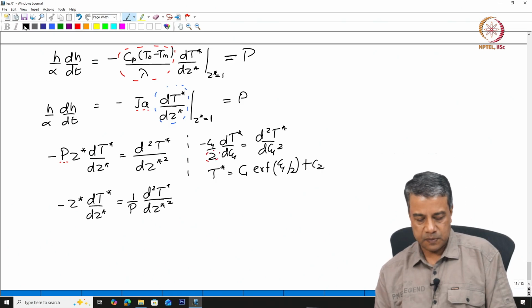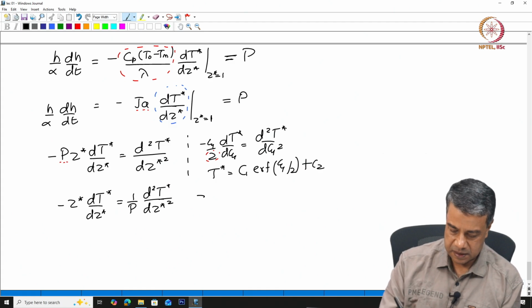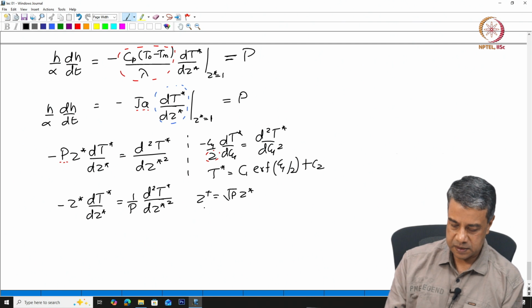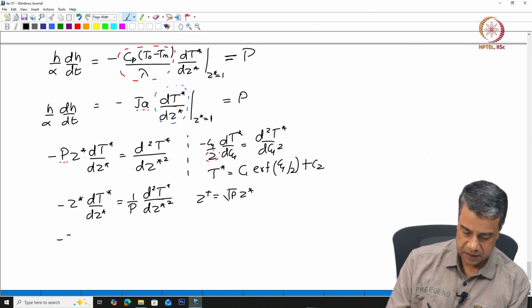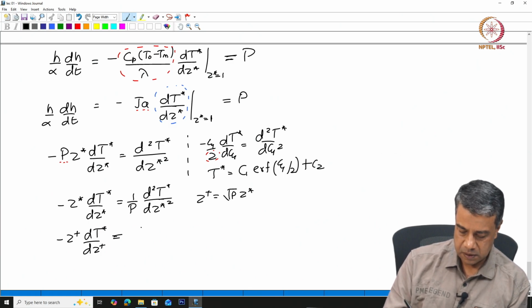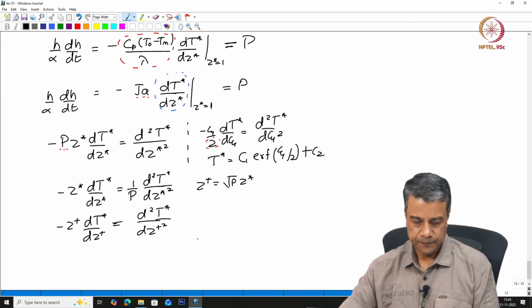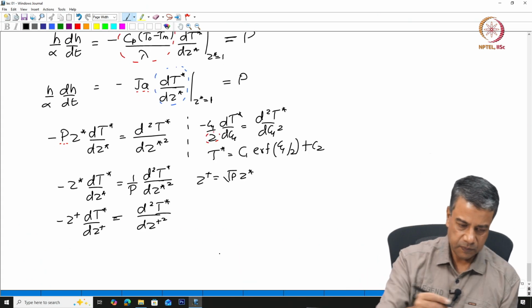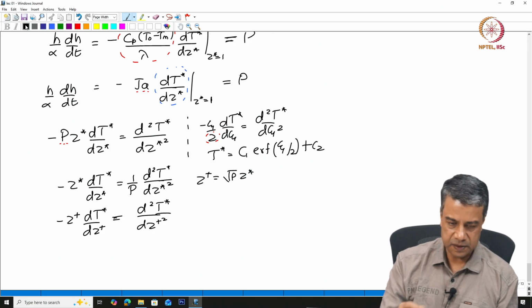So by doing this manipulation and defining z plus is equal to root p times z star, I get minus z plus dT star by dz plus is equal to d square T star by dz plus square. So I can solve this equation.